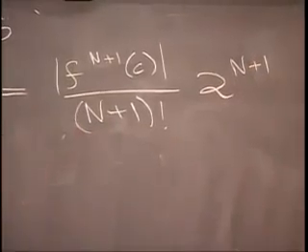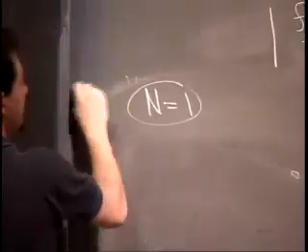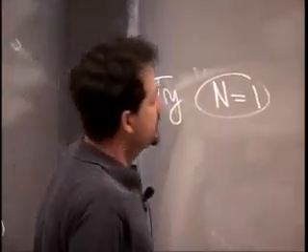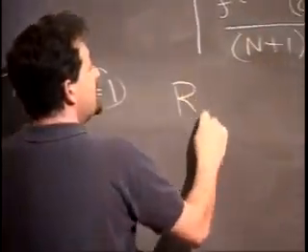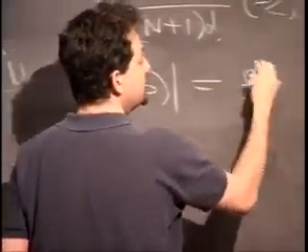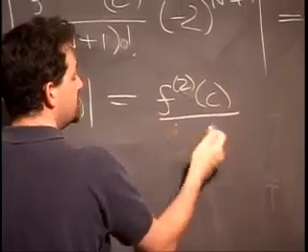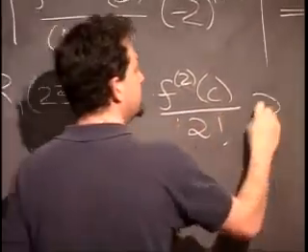Well, it's time to get our hands dirty. I feel lucky, punk. I'm going to try n equals 1. So R_1 of 23 in absolute value is the second derivative at c over 2 factorial times 2 squared.